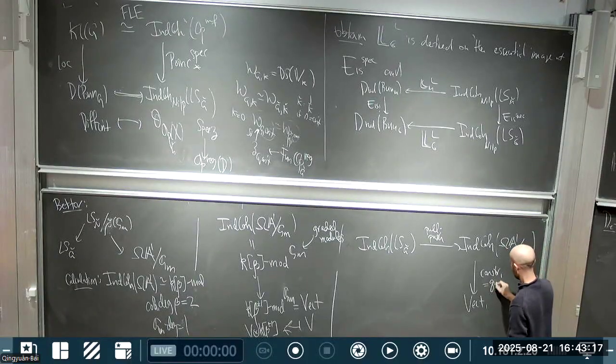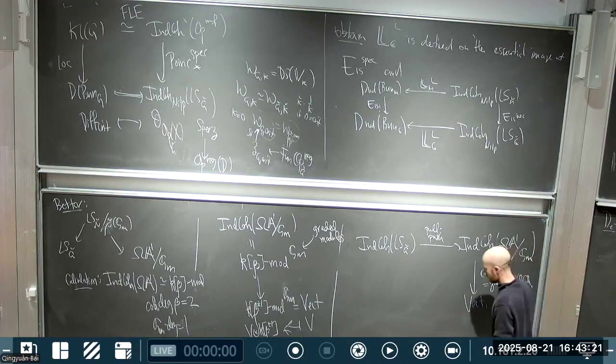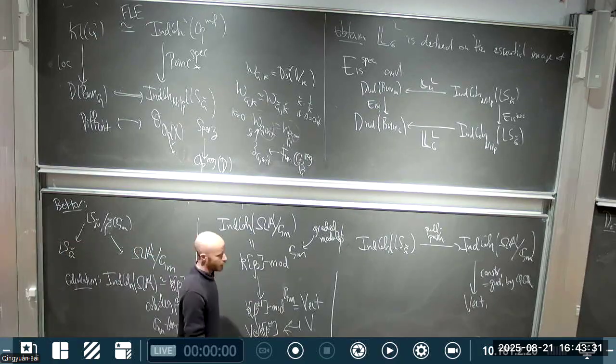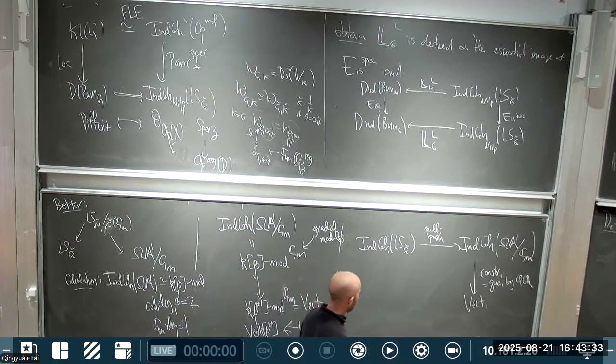And that's one sense in which we can see the difference between both. So you can think of this as some spectral counterpart to the Fourier series.